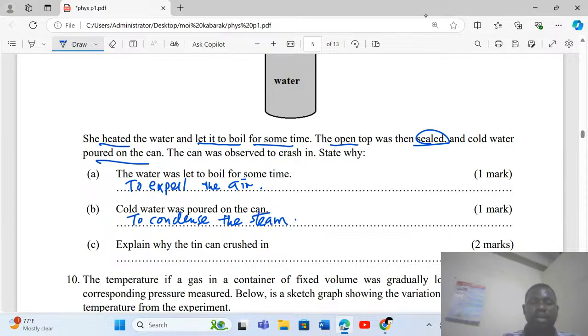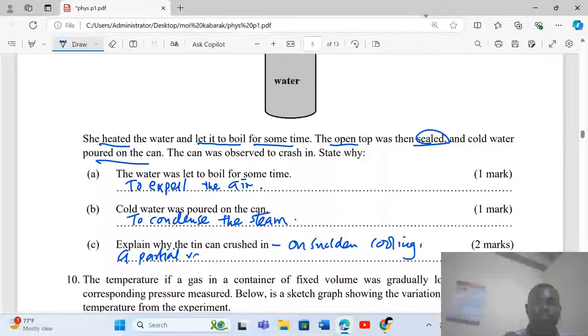And explain now why this is so. Upon heating, you created some steam. This steam was suddenly cooled. After cooling, you created a partial vacuum. So on sudden cooling, a partial vacuum is created.